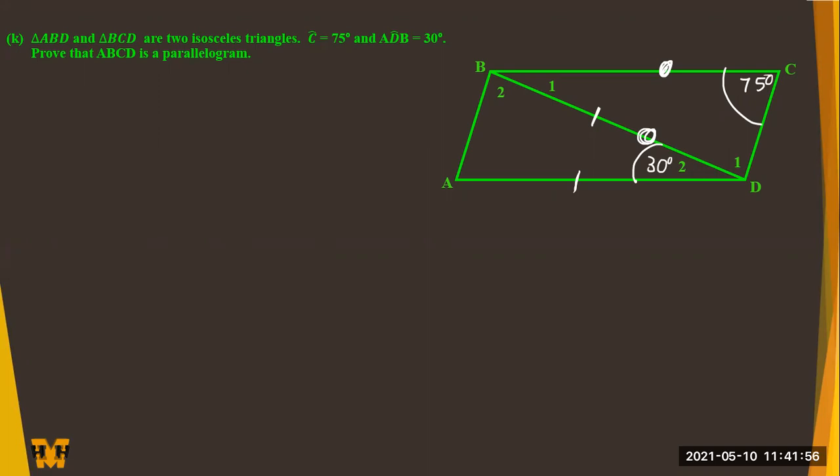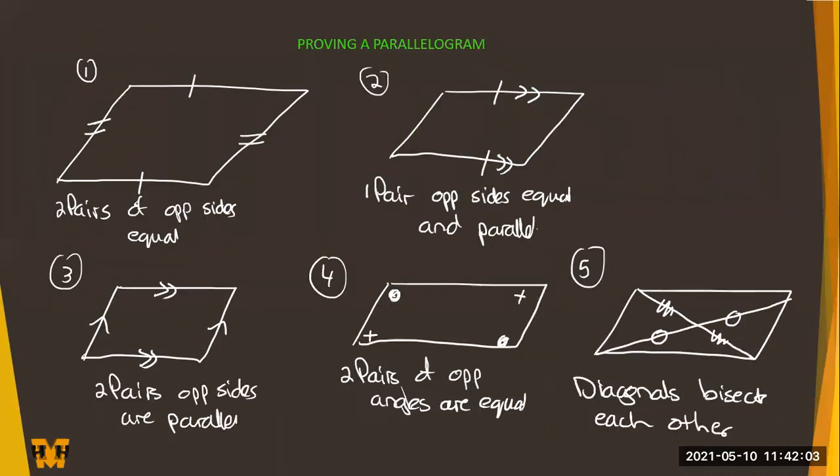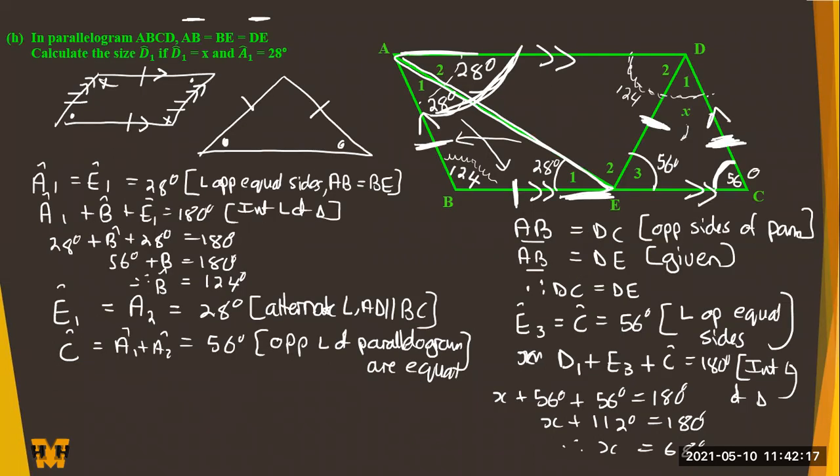So from there, I see that we sit with isosceles triangles and we sit with angles. So it's very possible that I'm going to try and work with 2 pairs of opposite angles are equal, because it doesn't seem as if it's possible to work with any of the others. So that's how you analyze. That's how you start off.